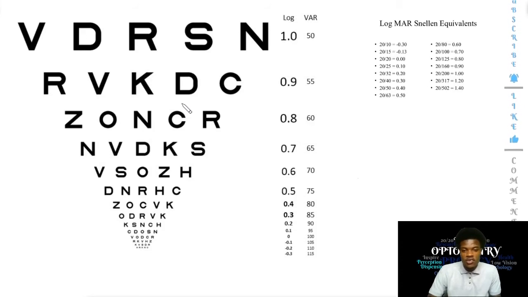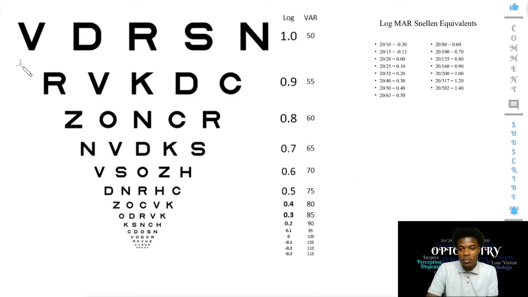And one of the main reasons for that is because it doesn't just give value to the line that the person reads, but it gives value to each letter in that line. For instance, let's say the person is reading the top line, V, D, R, S, N. If the person misses any of these letters, or any letter in a line, you would add 0.02 to the LogMAR unit that is stated on the line.